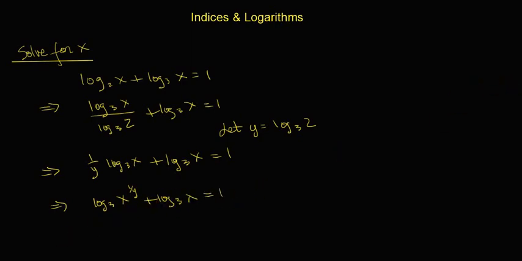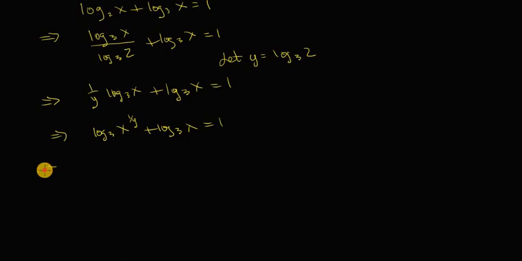Using my rule of logs, my next step is going to be to multiply these together. So I have log base 3 of x to the power of 1 over y times x. That's equal to 1. The fact I'm multiplying x to the power of 1 over y by another x means I can add 1 to this power.